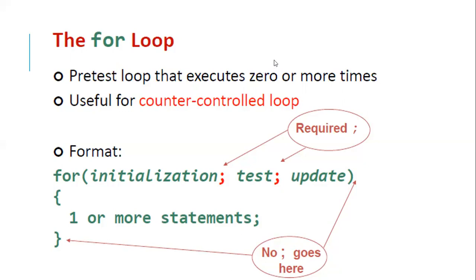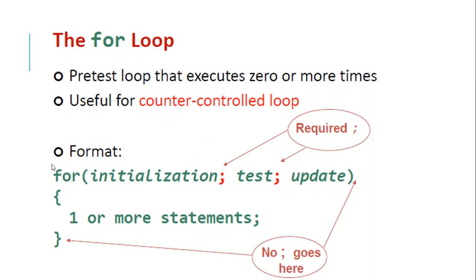Don't tell me about the two types of loops, but at least tell me what is a counter-controlled loop. The loop will continue based on some counter, based on some initialization, some value. Exactly, you are right. So the loop will have some value which will be controlling it with a counter. I can say i or any counter that will be running.